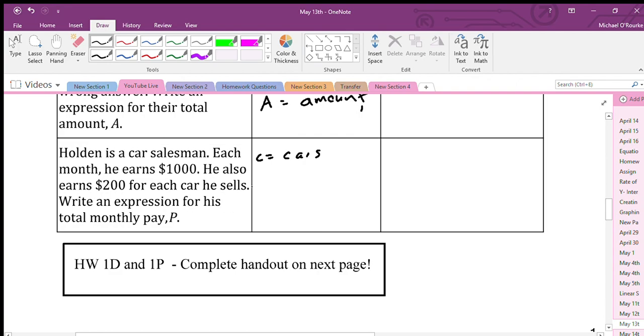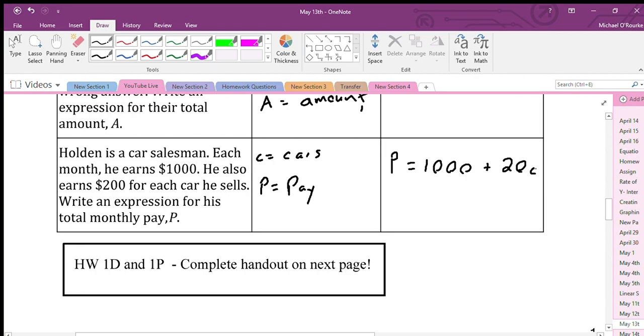Write the expression for his pay. So P equals pay. Well, he earns $1,000 first, plus 200C.